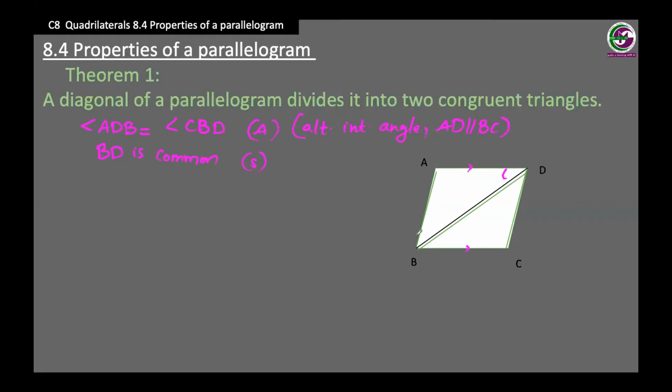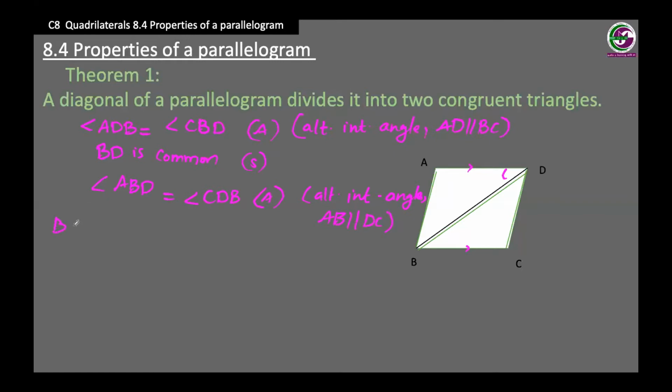So angle ABD is equal to angle CDB. This is another angle, again with the same reason: alternate interior angles are equal between the parallel sides AB and DC.